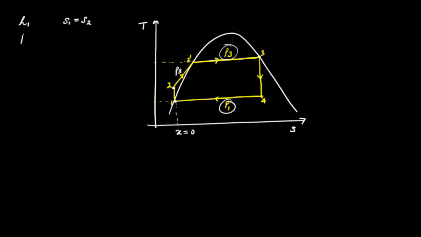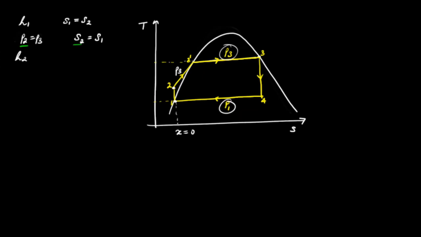Therefore, knowing that P2 is equal to P3, that is given to us and fixed, and entropy at state 2 is equal to entropy at state 1, we have two conditions that are known, and therefore we can determine enthalpy at state 2, knowing the properties of pressure and entropy at state 2. And we can do this by looking at the tables or through the software.